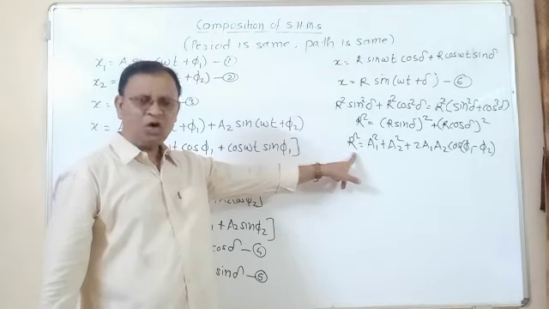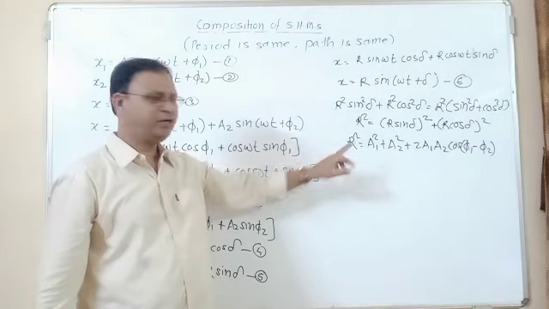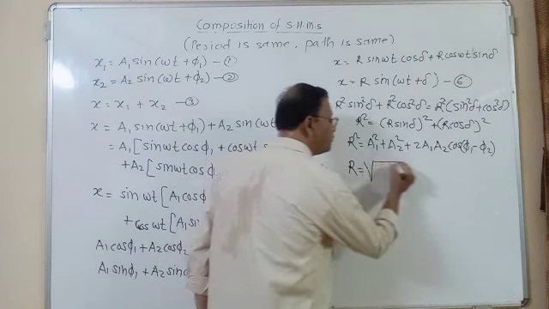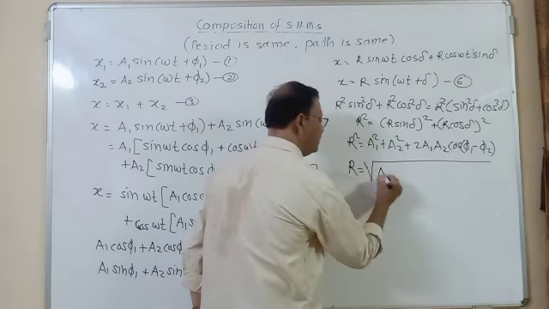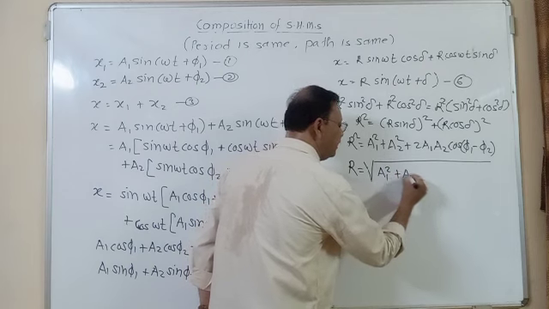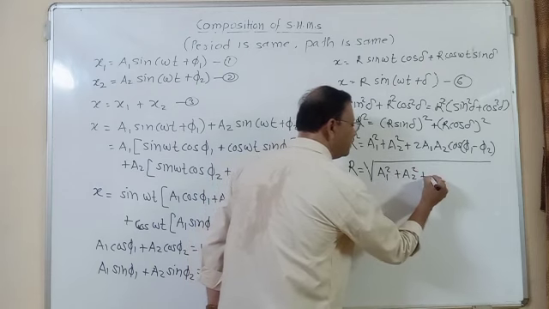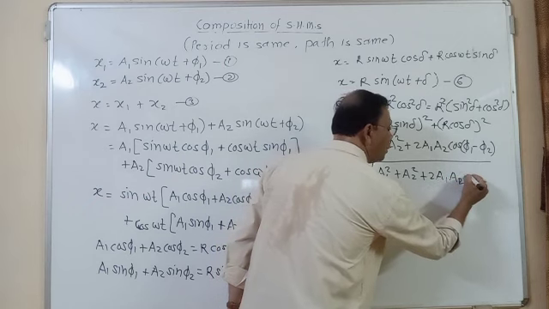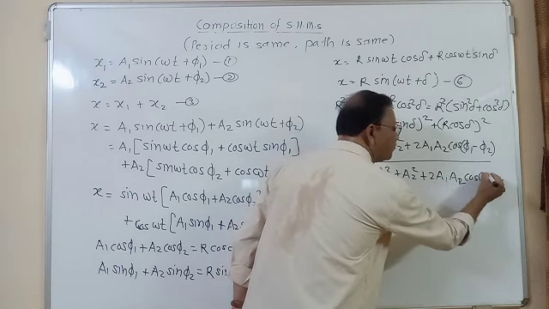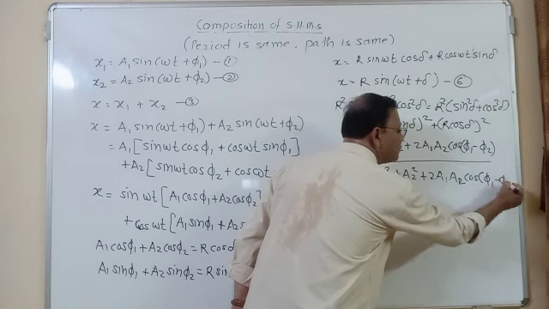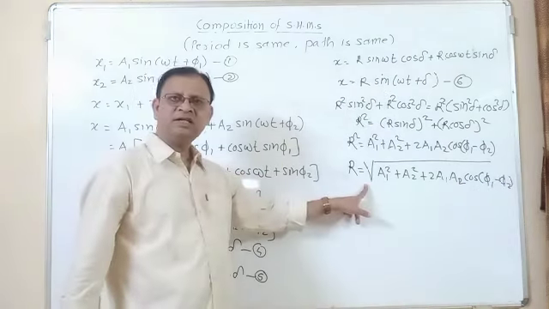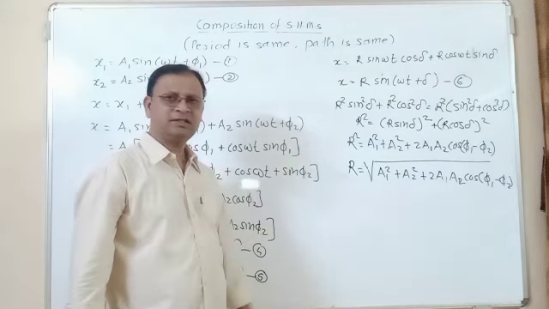But we want R, that is the resultant amplitude of S.H.M. So R is equal to square root of A1 square plus A2 square plus 2 A1 A2 cos phi 1 minus phi 2. So this is the formula for the resultant amplitude of S.H.M.